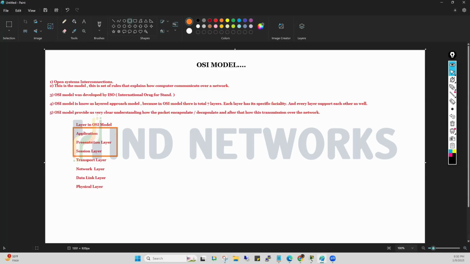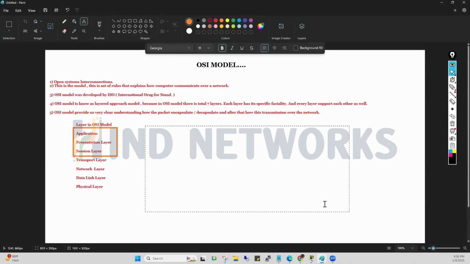Now, I'm telling you some points about the application layer.